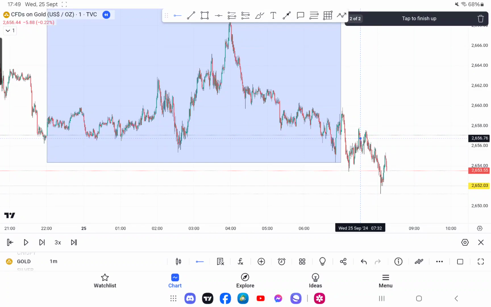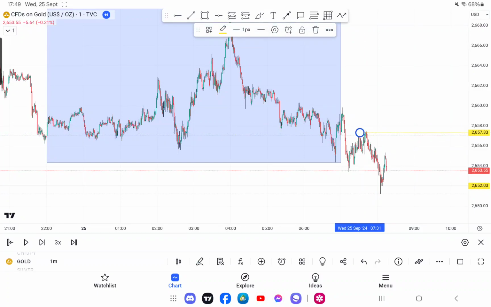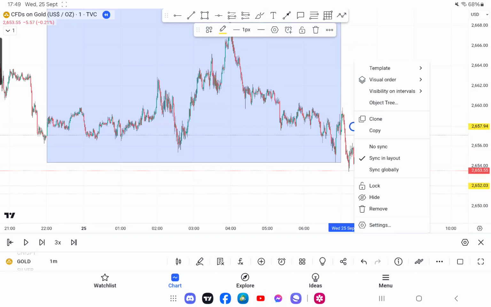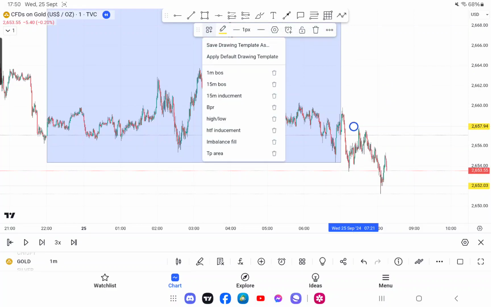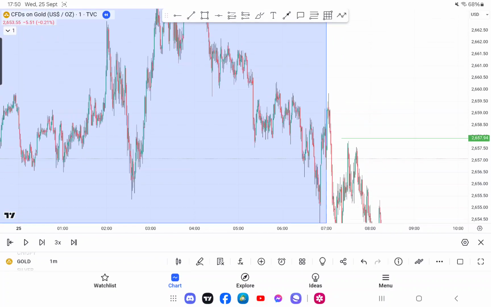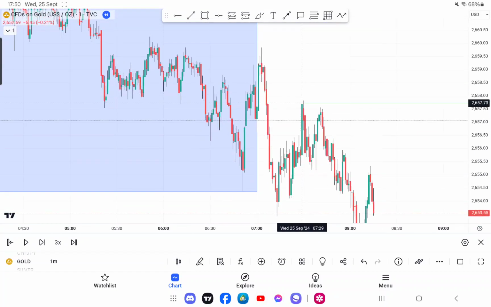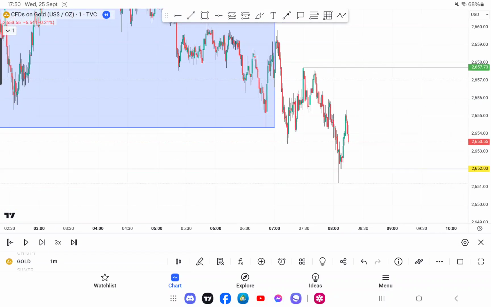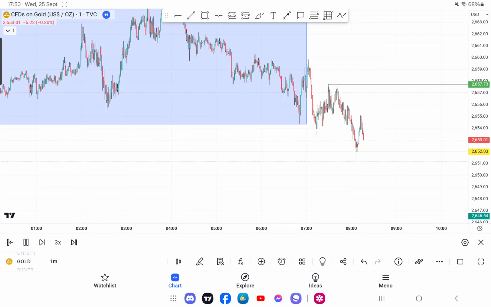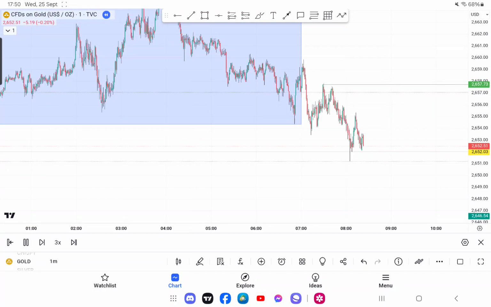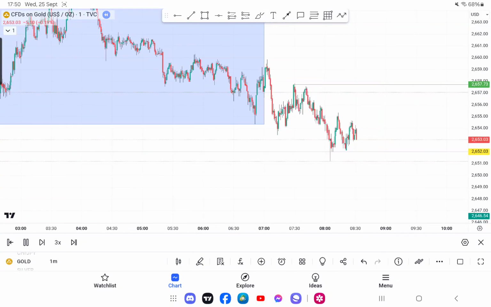So if price comes above that line I've just drawn there, then I would look to set a pending order on an entry zone somewhere.